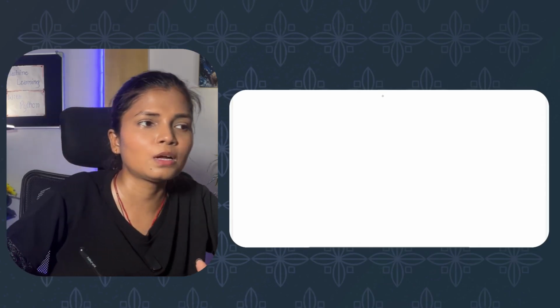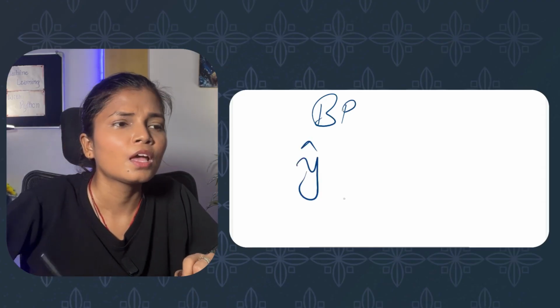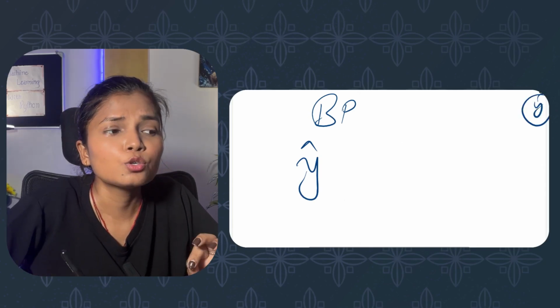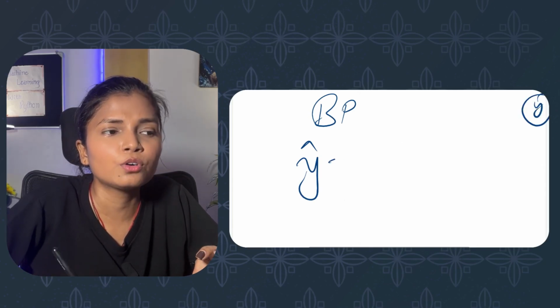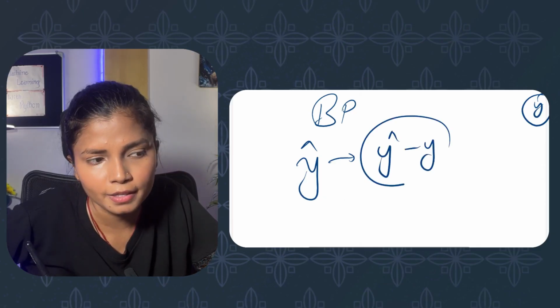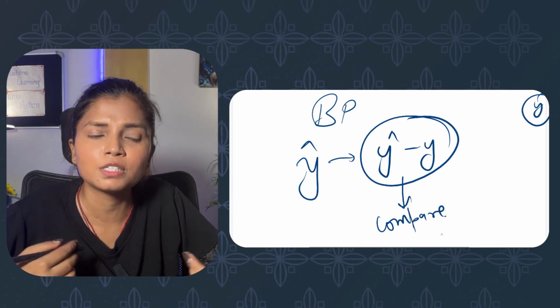the backward pass. Now what is backward pass? We know that from the forward pass we have Y hat, the prediction, and we know that Y is the final actual output. So what do we do in the backward pass? We try to compare Y hat with Y. If it is a continuous value, we subtract it.